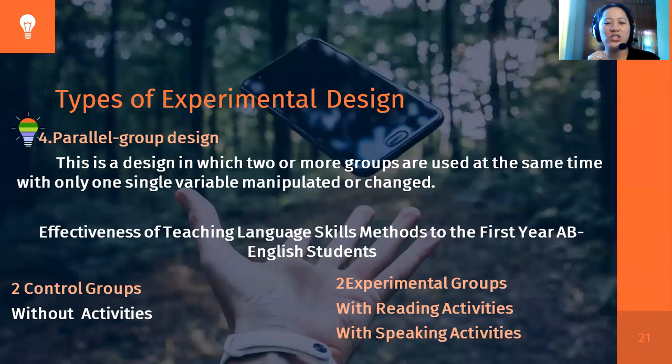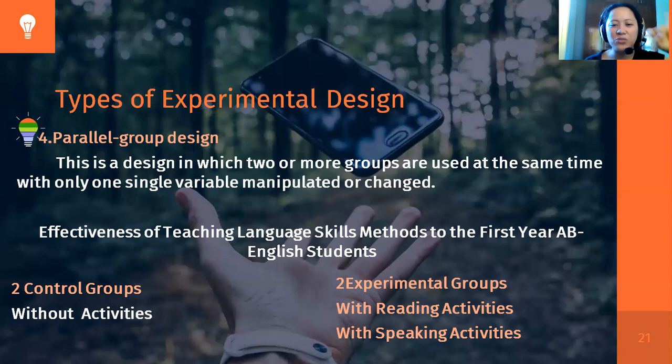So example, let's understand this. Effectiveness of teaching language skills methods to the first year AB English students. So for example, we have 2 control groups and 2 experimental groups. So on 2 control groups, there will be no activities, no interventions, no experimental treatment. But the other two experimental groups is separated.